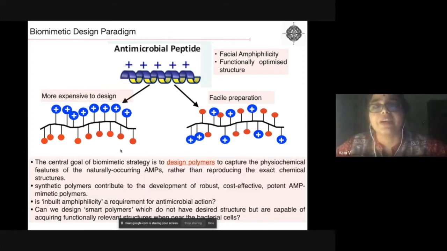Then the question becomes, I know that if my polymer has to behave like this peptide, it should get this shape. But I cannot put that shape in by hand because it's a bit expensive. People have tried. There are also polymers which work on this. But I'm more interested in asking the question, can I make a random polymer which is easy for me to make, but somehow make it smart enough that when it goes and attacks a bacterial membrane, it takes the shape of this?